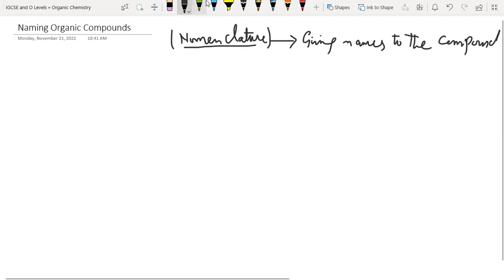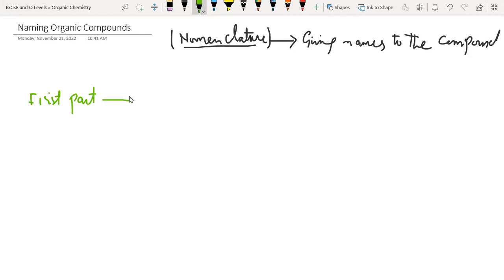Here we are going to discuss the names of organic compounds. Organic compounds can be given names in two parts. The first part is the prefix.